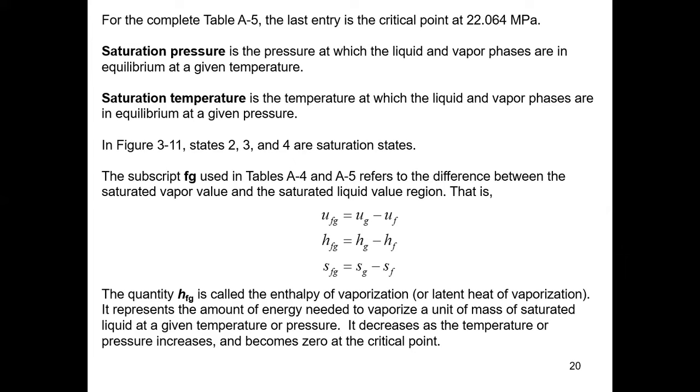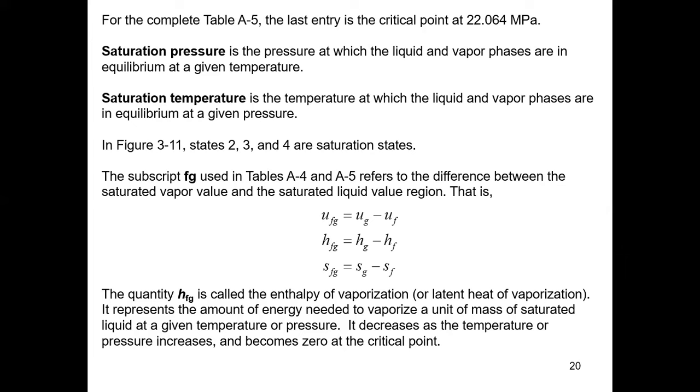The subscripts f and g, and fg together, used in tables A4 and A5 refer to the difference between the saturated vapor value and the saturated liquid value. That is, ufg is equal to ug minus uf. Similarly, hfg is hg minus hf and sfg is sg minus sf.